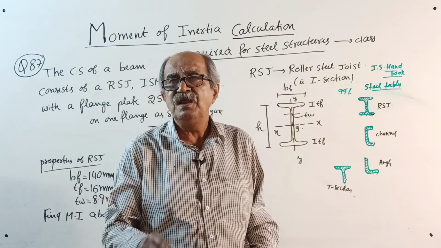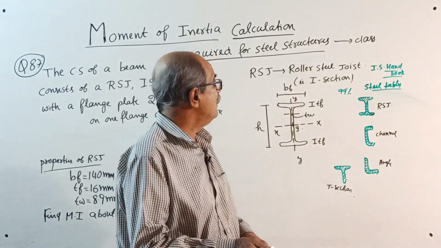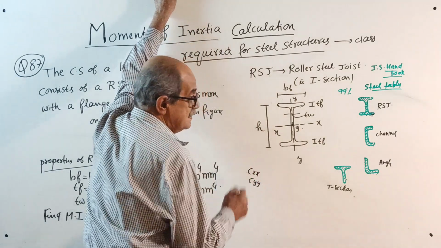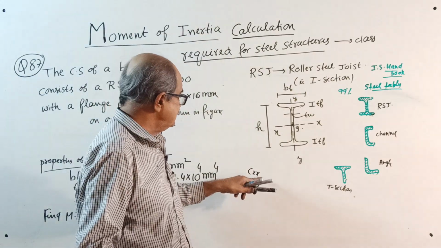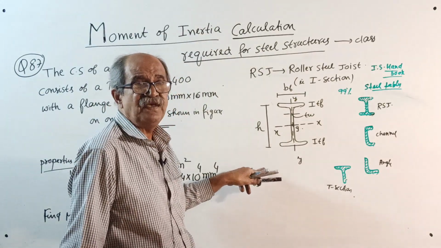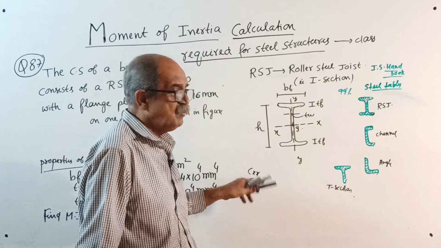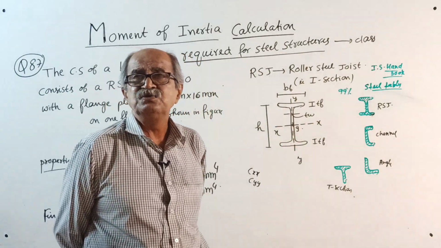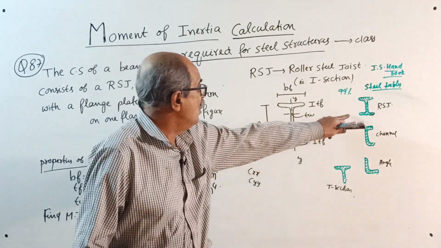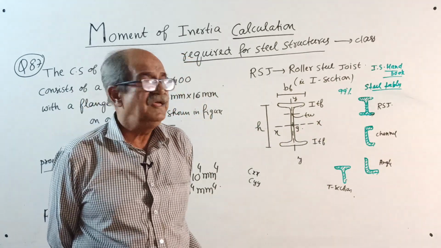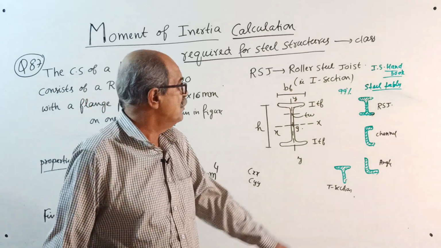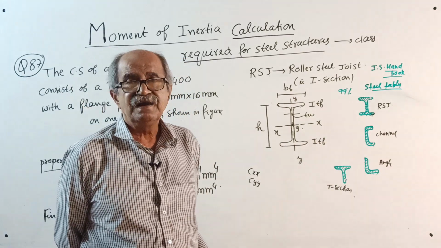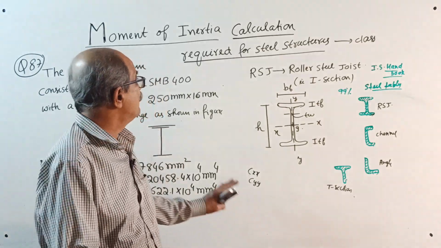They don't call it X bar, Y bar; they call it CXX and CYY, the centroidal distance for the XX axis and the YY axis. Then they give the area, all required dimensions, and the moment of inertia about the centroidal axis. Furthermore, they even give section modulus, radius of gyration, etc. That is not our part now.